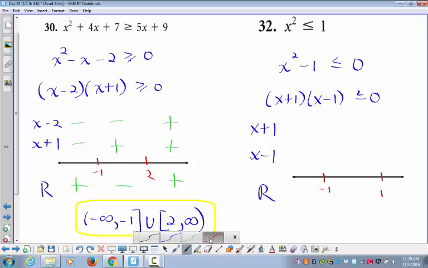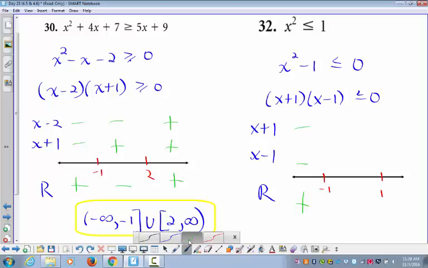Everything to one side and factor. When we stack our factors, we find our transition points and put them on a number line. And then we're going to pick some test values. And the pattern on these ones is pretty obvious. We'll have some that are going to get more complicated very soon.